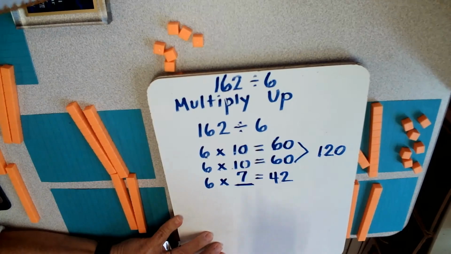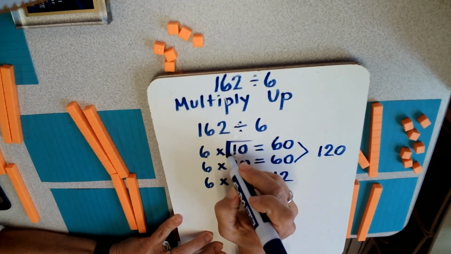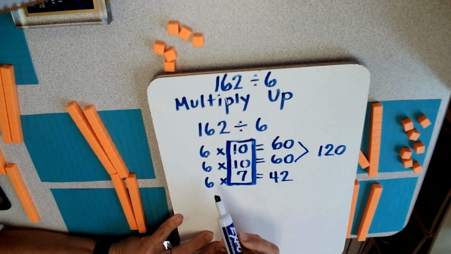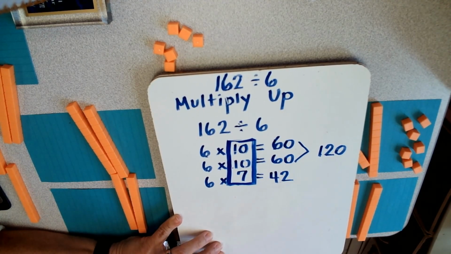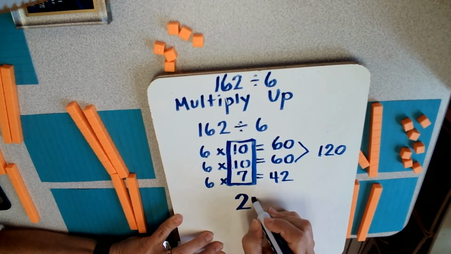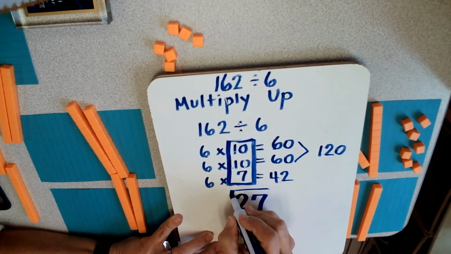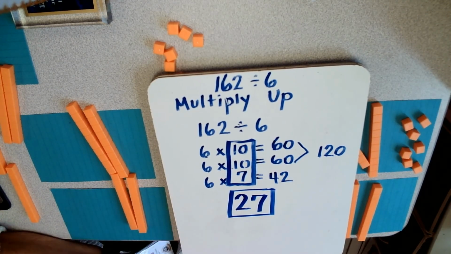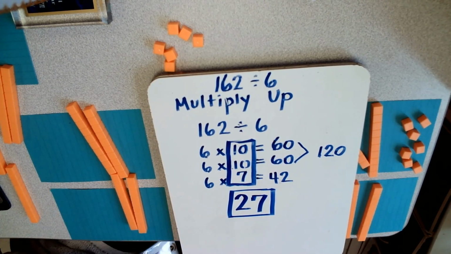Then I'm going to look at all of the factors that I multiplied my divisor of 6 by. 10, 10, and 7 gives me 27. So those are the three strategies for division.